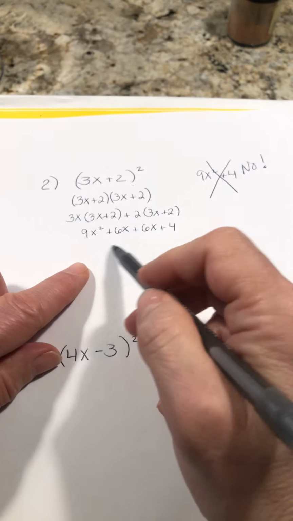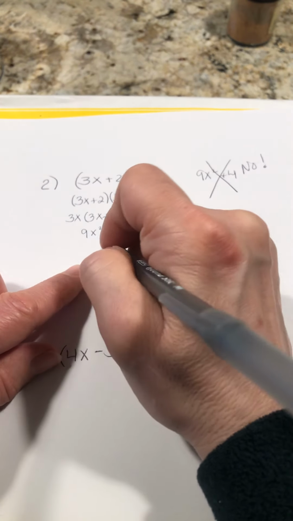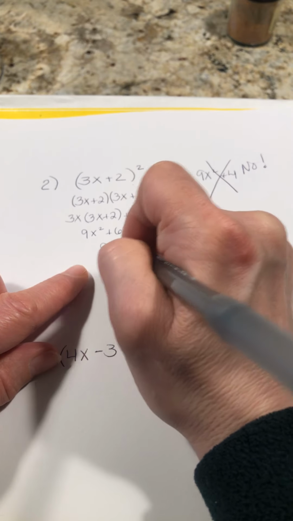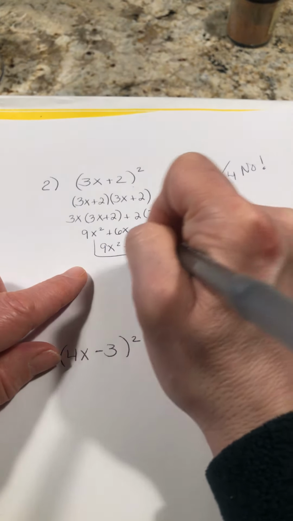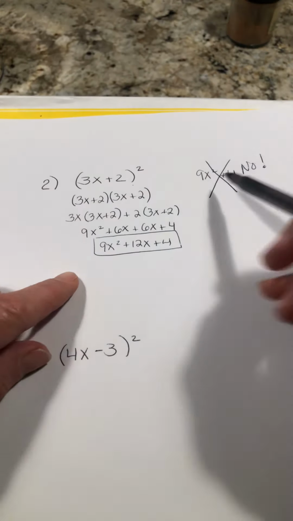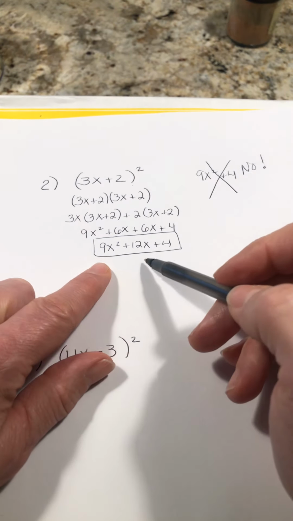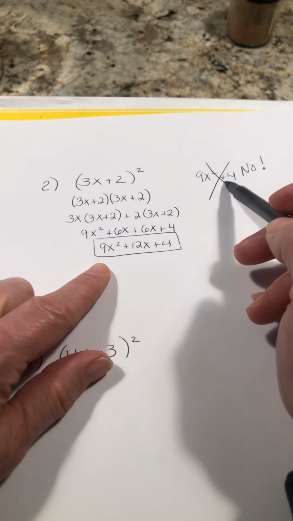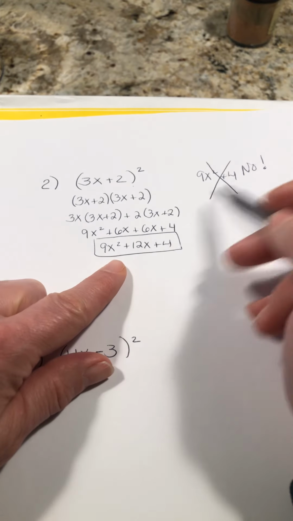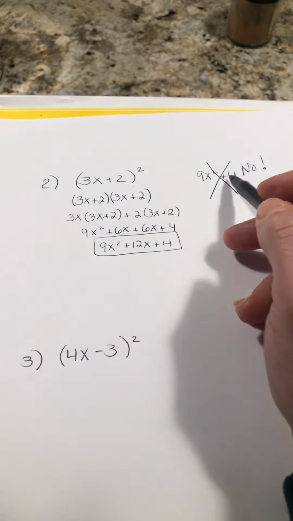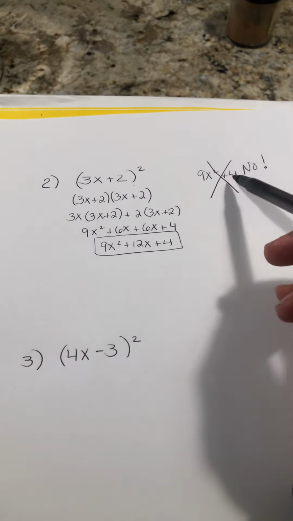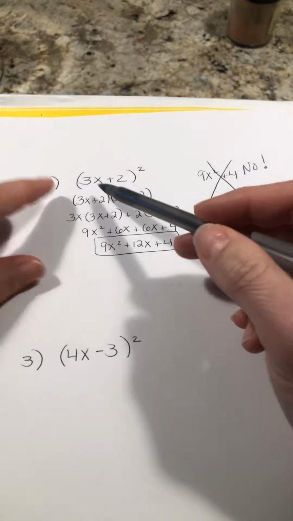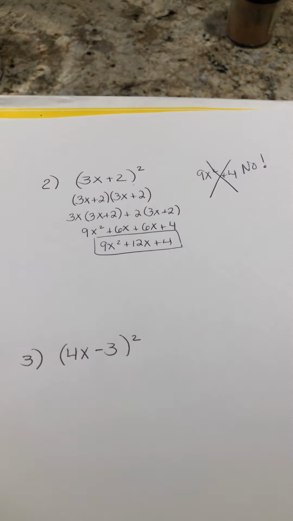And then we can combine our like terms to get 9x squared plus 12x plus 4. Okay, so notice how if we look at the right answer and the incorrect answer, there's a term missing over here, and that's why this one is not correct. So we cannot just square each individual term. We have to write it out twice and distribute, okay?